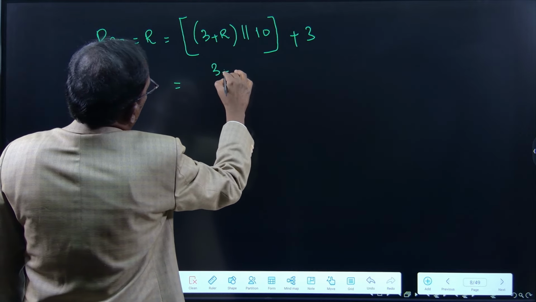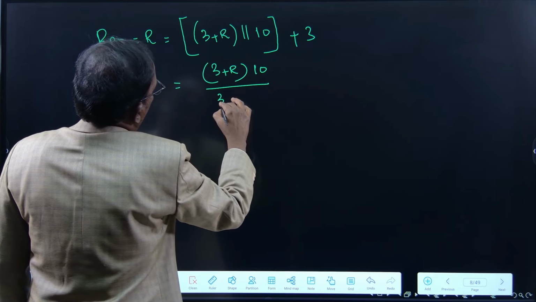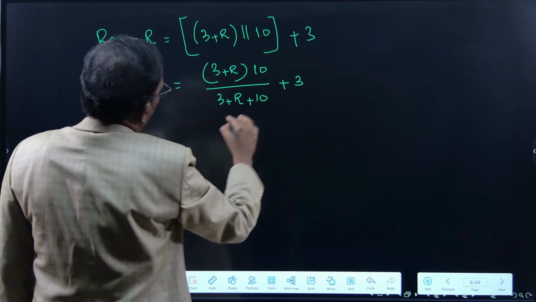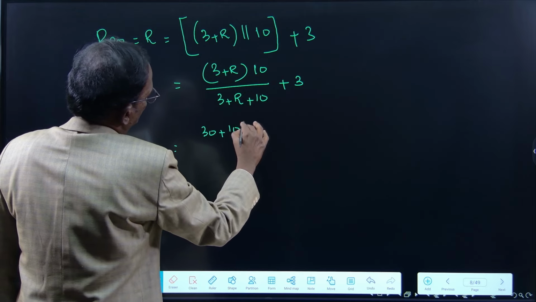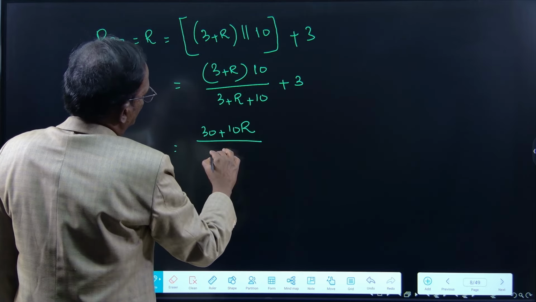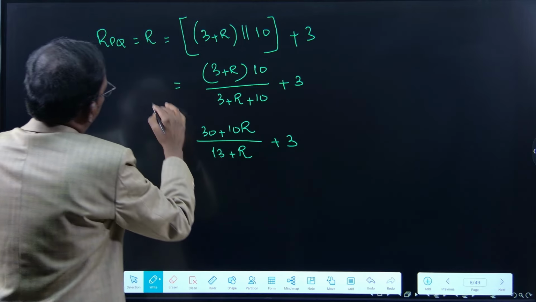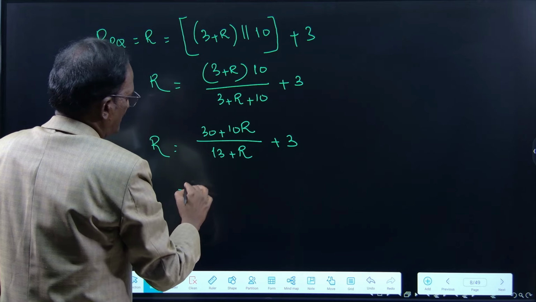So this is 3 plus R into 10 divided by 3 plus R plus 10, plus 3. This is 30 plus 10R divided by 13 plus R, plus 3. This side R. Okay.